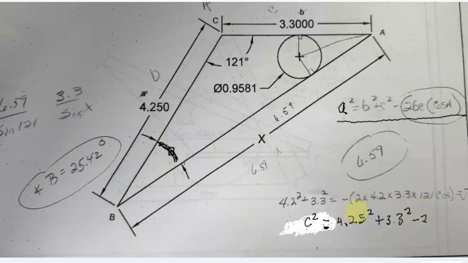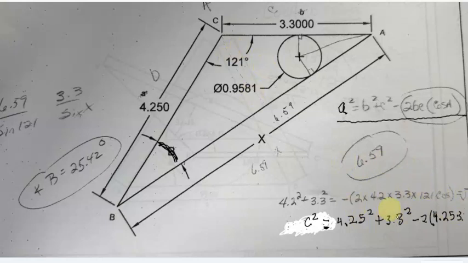Now we're going to multiply by these sides again. 4.25, maybe if I'm just going slower it will help, times B, of 3.3. Then we also have to multiply by the cosine of this angle, which is 121, which you see right here.